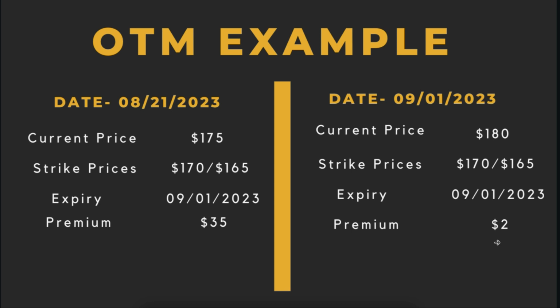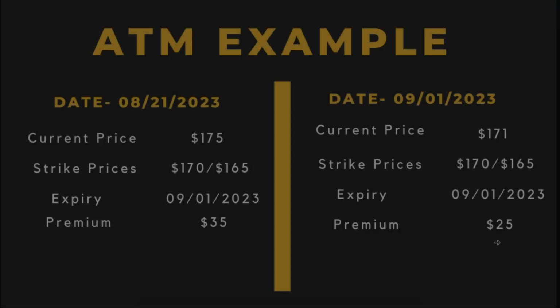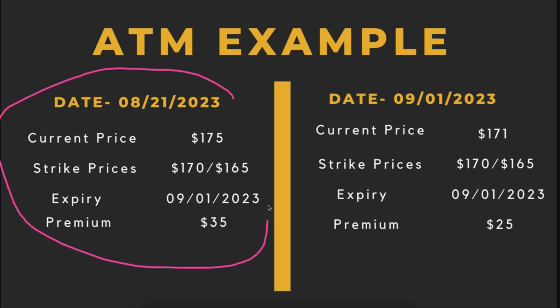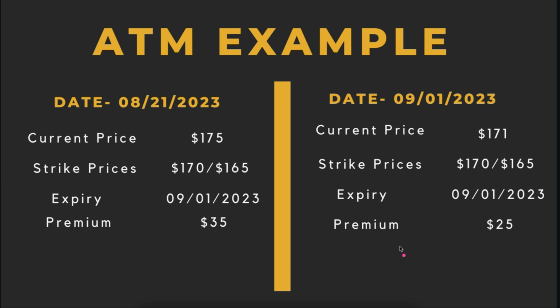Now let's move to the second case, where it is at the money, right? The at the money example is very similar. I'm going to take the same example, which you had open. The only difference now is that your current price of Apple is at 171, which is pretty close to your strike price.